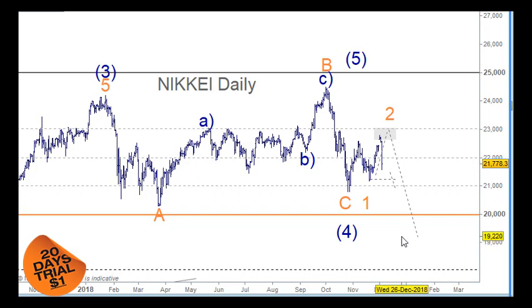So as a corrective pattern, we would need to consider firstly wave 5 in place up here, and then we would also need to consider this whole move down here as wave 1, and an A wave and a B wave and a C wave for wave 2. And if that's the case, we're going to be moving into a very strong third wave here.